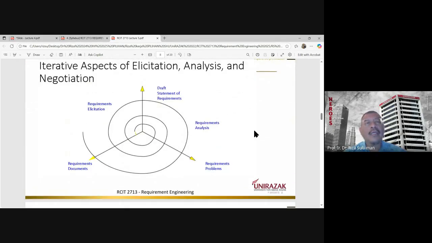Okay, and this process is an ongoing process, repetitive. It is an iterative aspect of elicitation, analysis, and negotiation. Again, I've mentioned to you this many times in our earlier lectures, that you need to talk and discuss with your stakeholder many times to make sure that everyone understands.